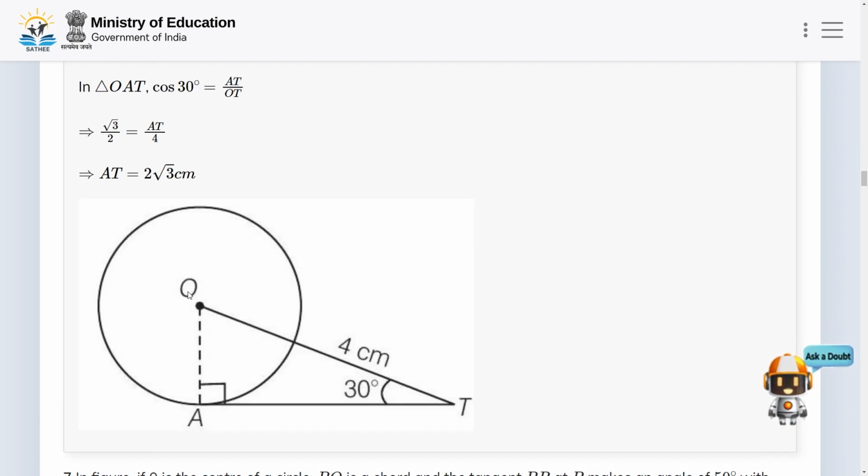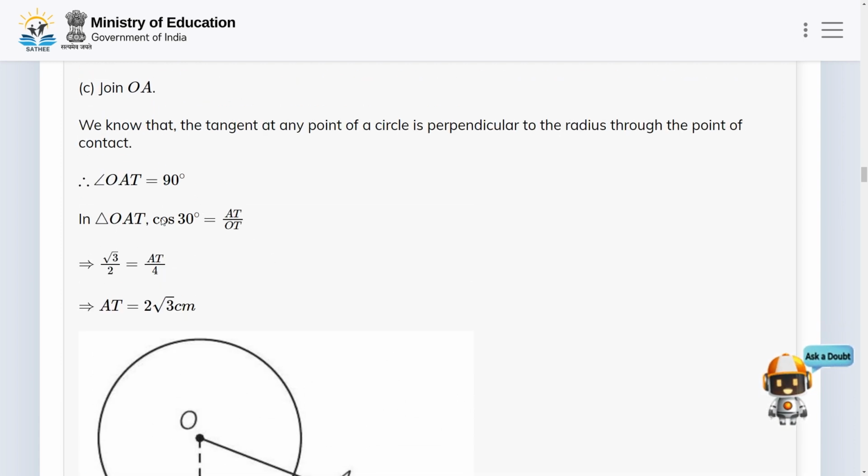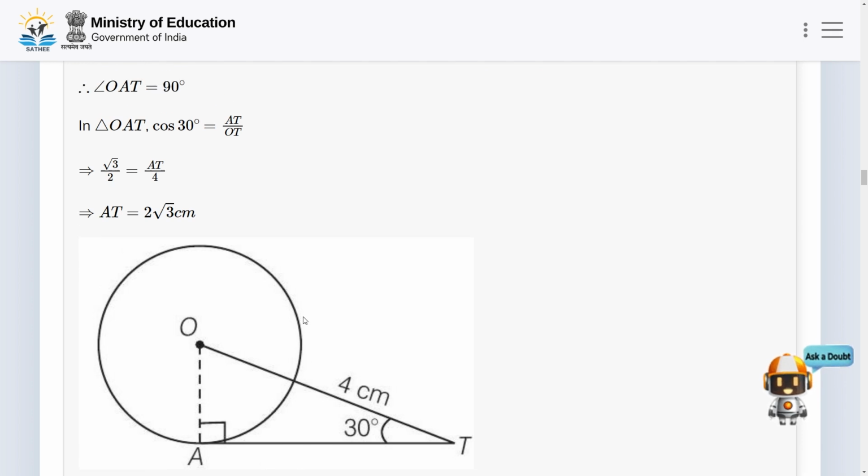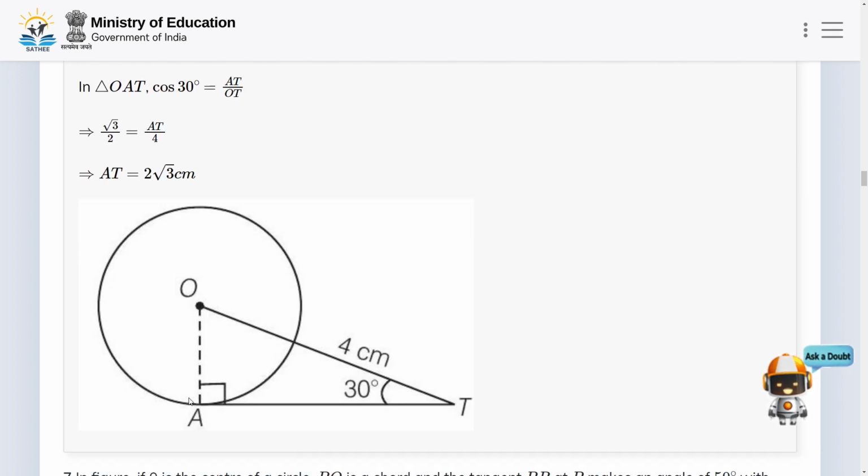And in this triangle OAT, cos 30 degree is equal to AT divided by OT. This implies root 3 by 2 is equal to AT by 4, and it implies AT is equal to 2 times root 3 centimeter.